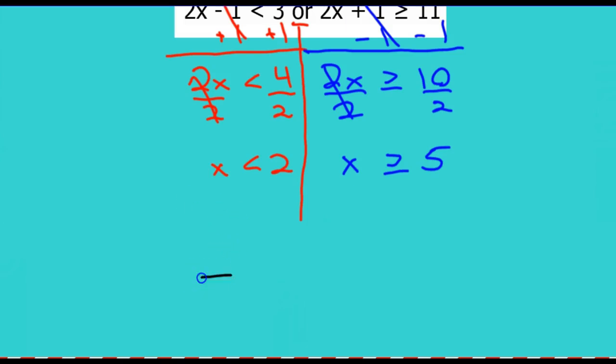How would we graph that? Our 2 is our smaller one, so that goes on the left. 5 is our larger one, so that goes on the right. 2 is an open circle pointing to the left.